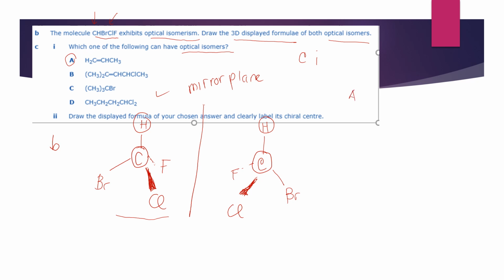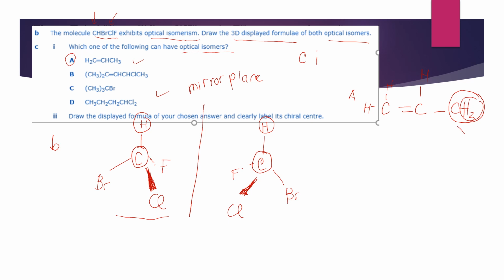For A, CH2, double bond, and then CH to CH3. I don't want to display the methyl because this is absolutely not the chiral center, because the carbon is attached to 3 hydrogen atoms, not different.